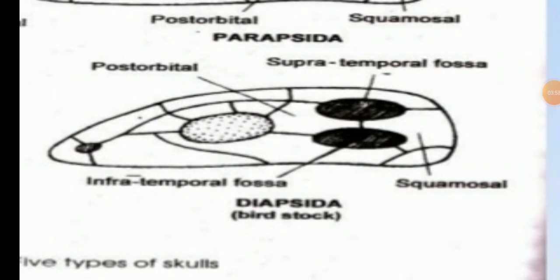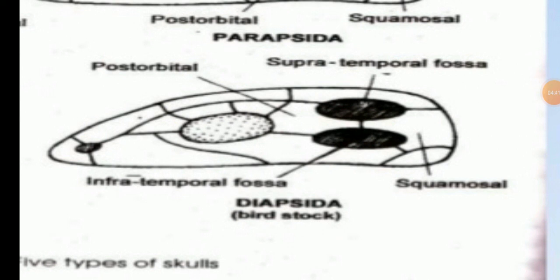The next one we have is this diapsid skull, which is found in most of the present day reptiles, and it is also referred to as a bird stock. The feature of this diapsid skull is the presence of two fenestrae or fossae. One is placed at the supratemporal region called the supratemporal fossa, while the other is placed at the base of the skull, so it is called the infratemporal fossa.